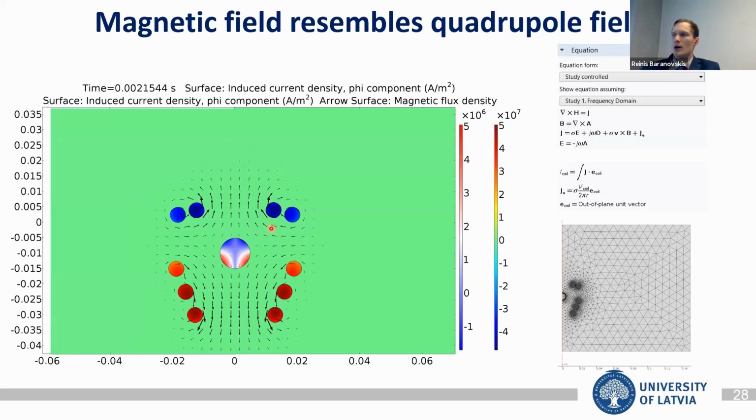And here I'm showing you a numerical model, which I created in the software COMSOL Multiphysics. It has three coils on the bottom and two coils on the top.